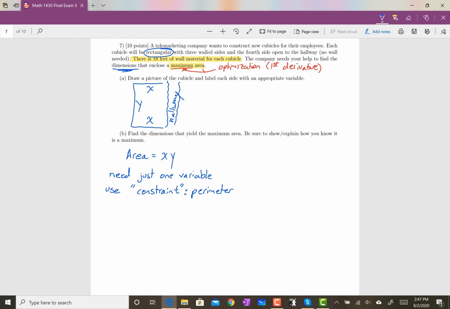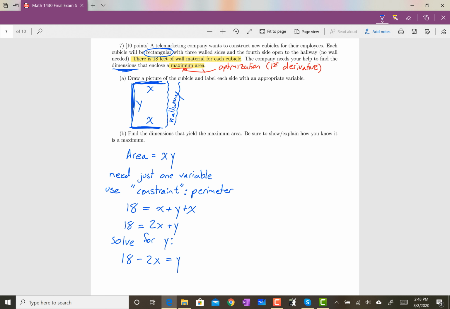So 18 should be equal to all of the walls added together, in other words x plus y plus x. That means 18 is equal to 2x plus y. We can solve for one of our variables. Let's solve for y: 18 minus 2x is equal to y.